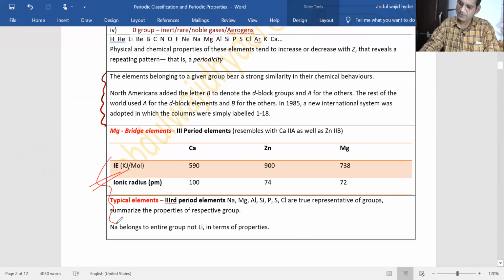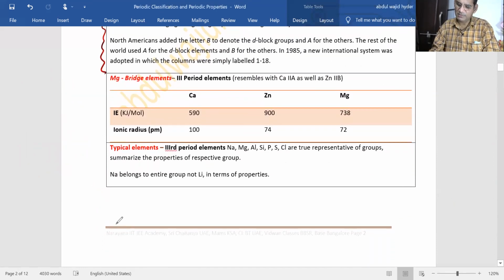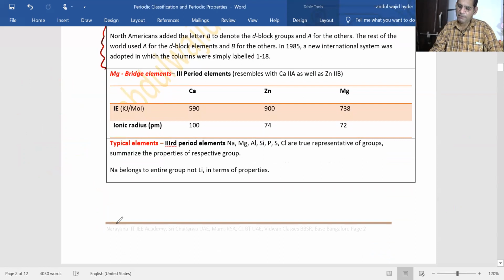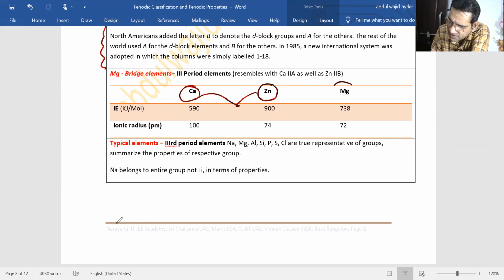What next is bridge elements. What is the meaning of bridge elements? See, the average of the properties of the second A and second B group elements is possessed by magnesium. Beryllium, magnesium, calcium, then here boron, aluminium, gallium.